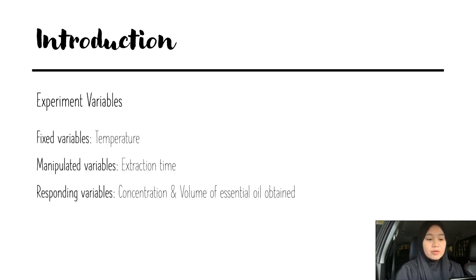There are three types of variables in this experiment: fixed variable, which is temperature; manipulated variable, which is extraction time; and responding variables, which are the concentration and the volume of essential oil obtained.